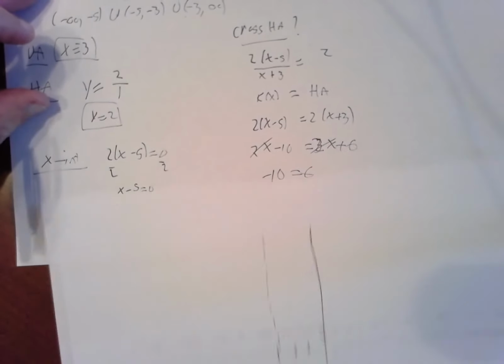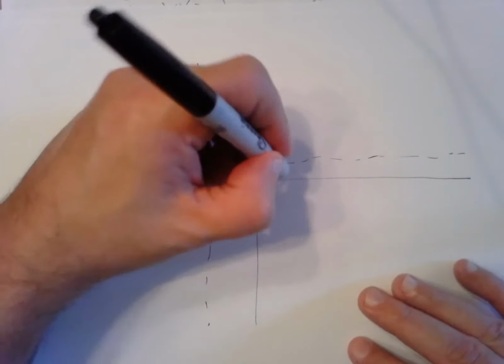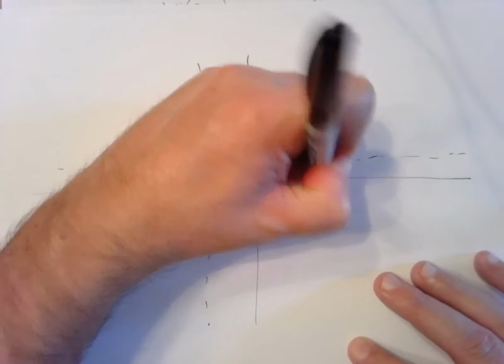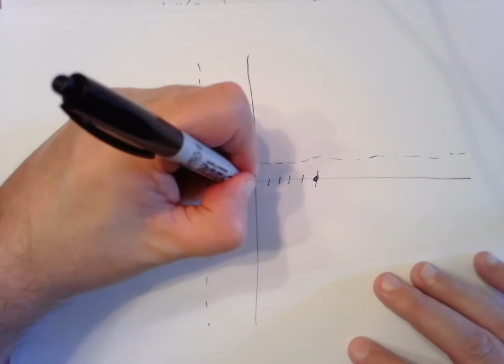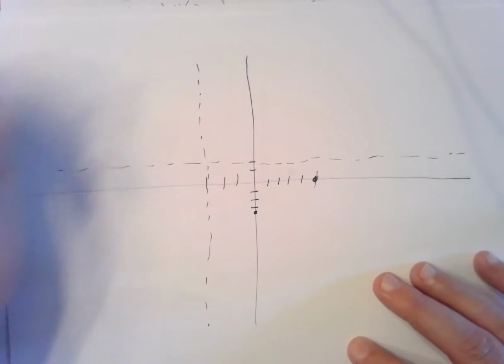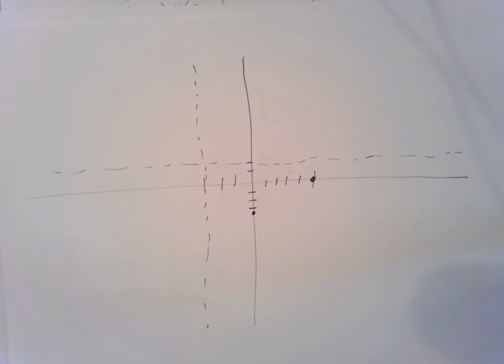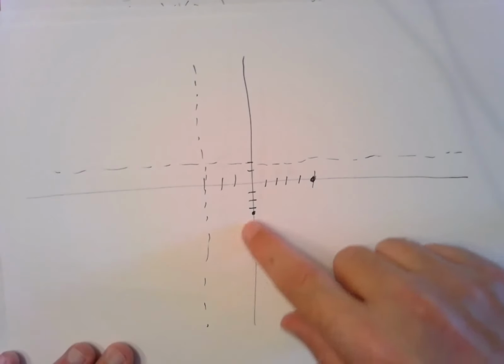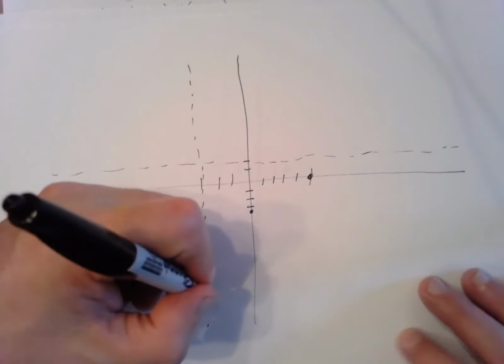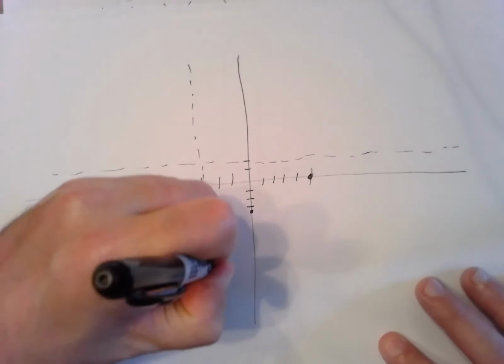My x-intercept was 5, 0. My y-intercept was 0, negative 10 thirds. It's a little more than negative 3. Okay, now this is correct. Now, my graph over here in this section must look like this.